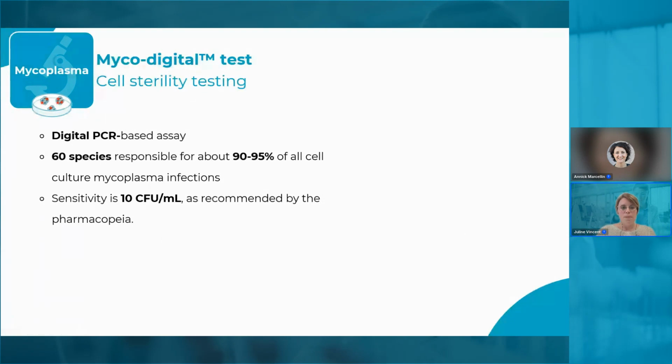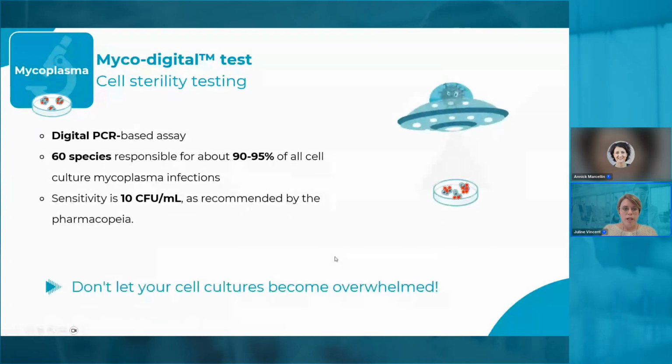This digital PCR test targets 60 species responsible for about 90 to 95% of infections. It is highly accurate with a sensitivity of 10 CFU per ml as recommended by Pharmacopeia. By using regularly our digital PCR tests, mycoplasma will not be able to establish itself in your cultures.